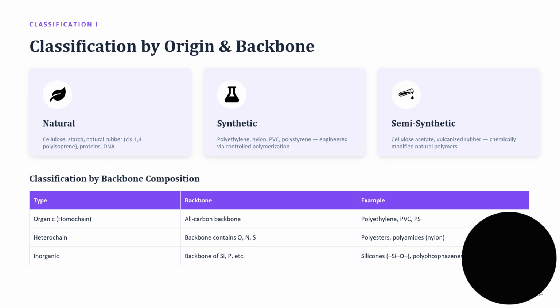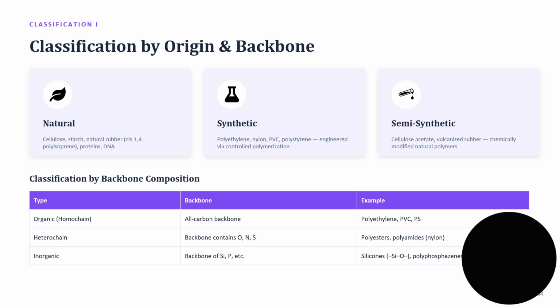Synthetic polymers are engineered in the lab or plant: polythene, nylon, PVC, polystyrene. And semi-synthetic polymers are natural polymers that have been chemically modified. Cellulose acetate and vulcanized rubber are the classic examples.